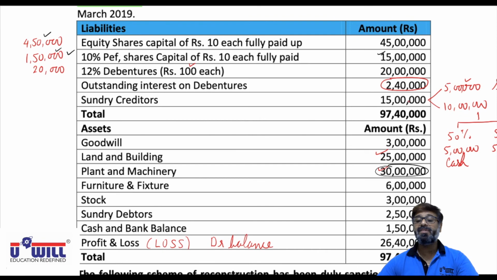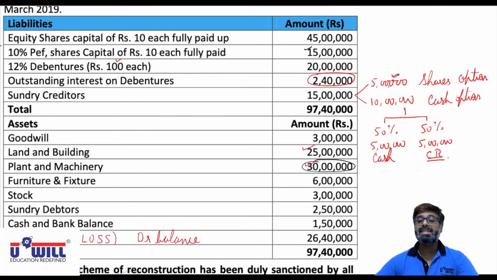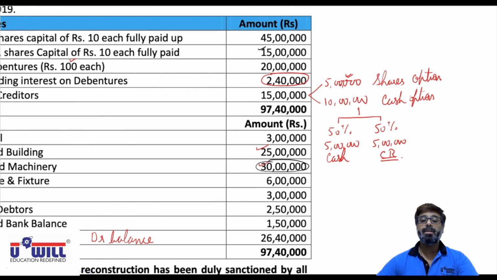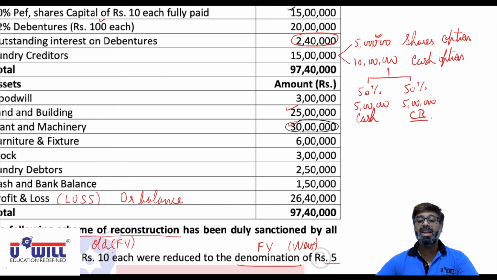Total creditors are 15 lakhs. 5 lakhs have opted for shares option, means remaining 10 lakhs have opted for cash option. Now what is the cash option? Only 50% money we pay in cash in full settlement, means remaining 50%, 5 lakhs, they have to transfer to capital reduction. They are going to sacrifice that.